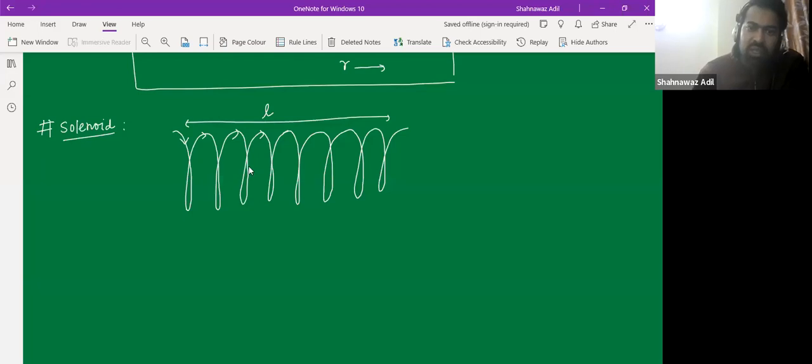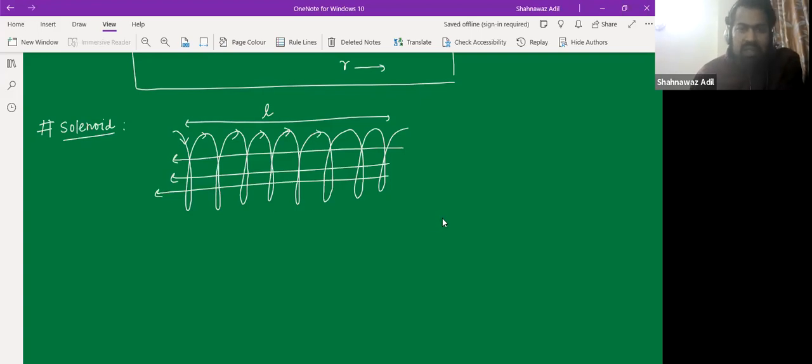If the current is going inside, and we apply Maxwell's thumb rule, what would be the direction of the magnetic field? That would be in this direction. Is it clear to you? Yes, sir. So this is the direction of the magnetic field.